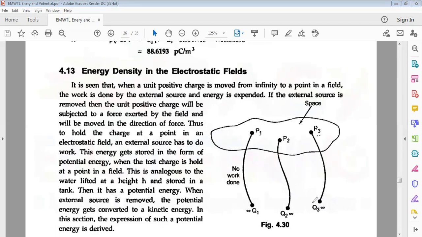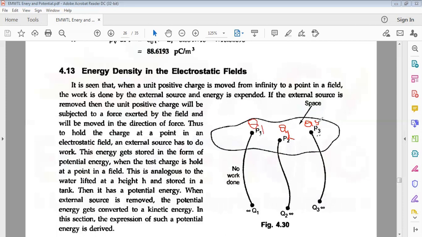Then another charge Q3 from infinity you place in the space at the point P3, and a force is exerted on Q3 due to Q1.